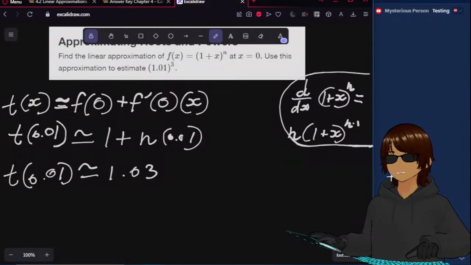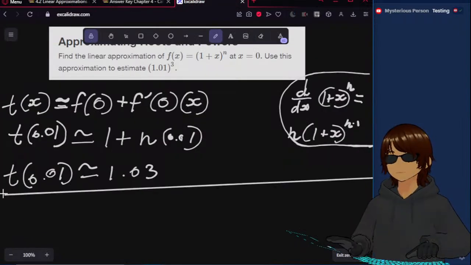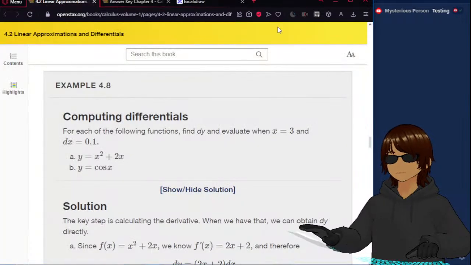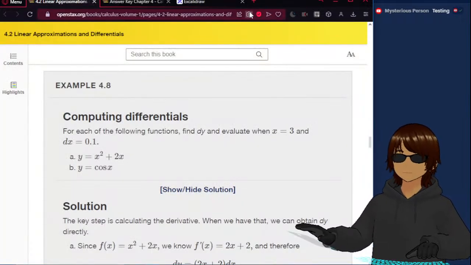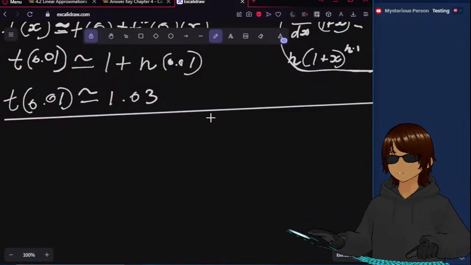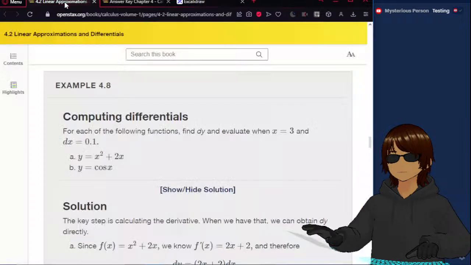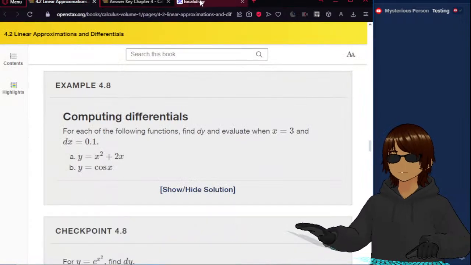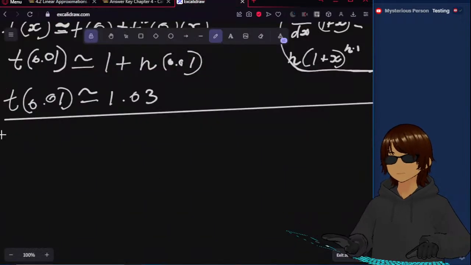Let's try this. Let's try the first one. What is it? 4.8a.